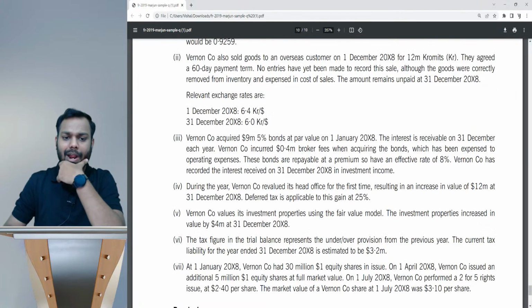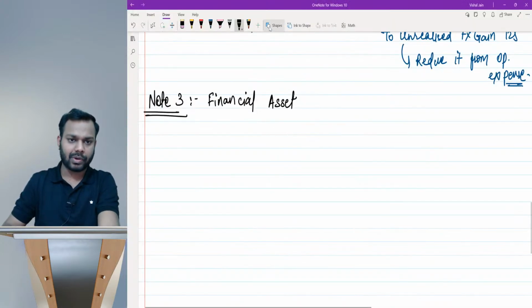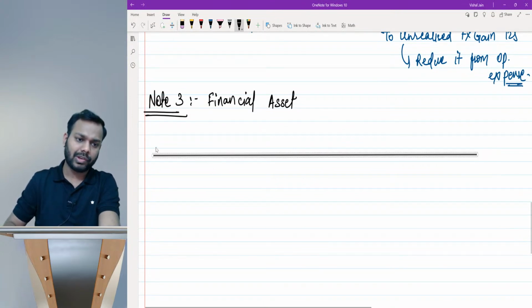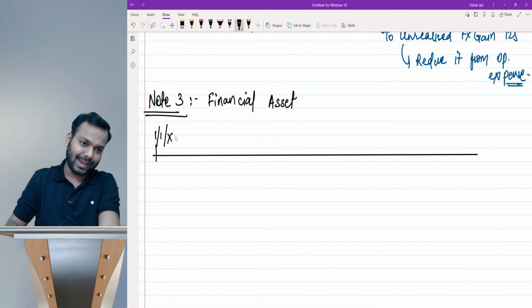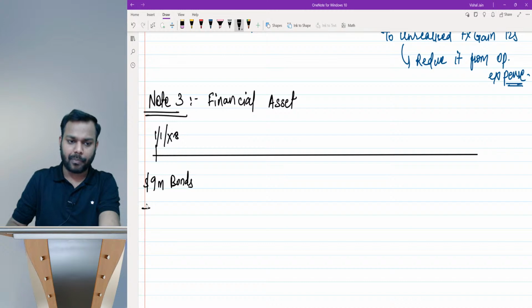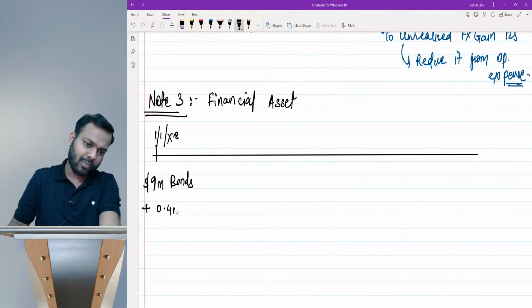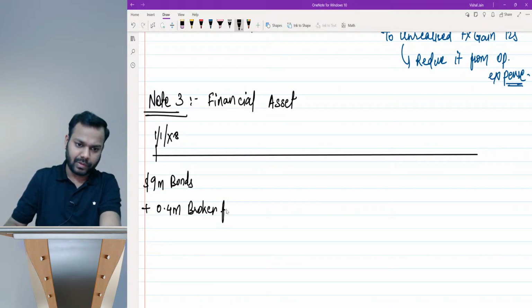Vernon company acquired $9 million 5% bonds at par value on 1st January 2008. Okay. Now let me draw the diagram for this one. On this date, that is on 1st January X8, the company acquired $9 million bonds and paid 0.4 million as broker fees.